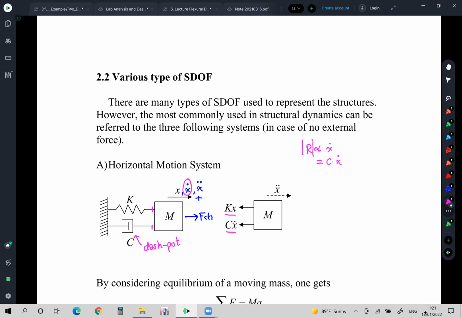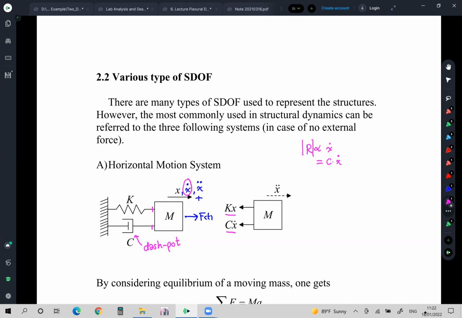So the same thing, if you assume this mass is moved under the water, the dashpot will do the same thing to the mass in the water. If the mass is moved from the left to the right, this is the positive direction for the x dot, right? They move from left to right.